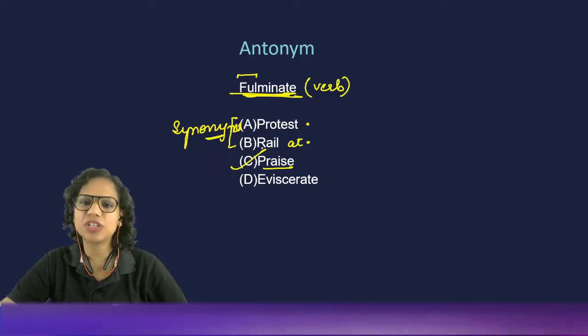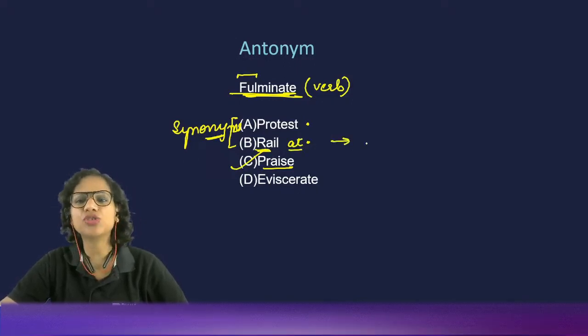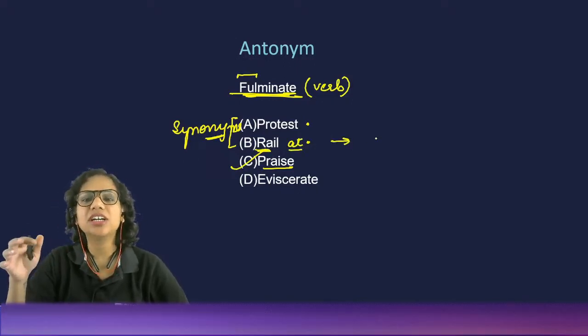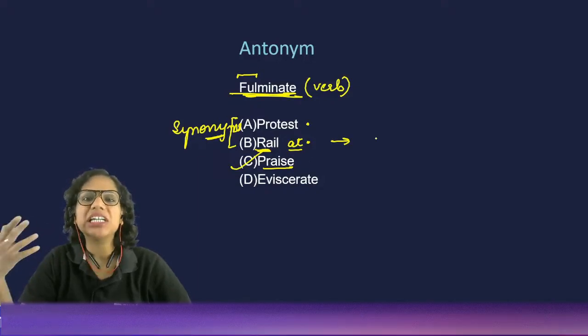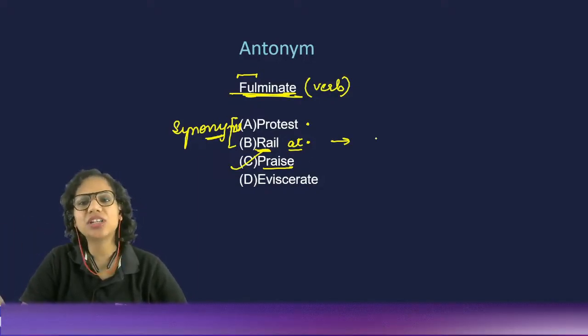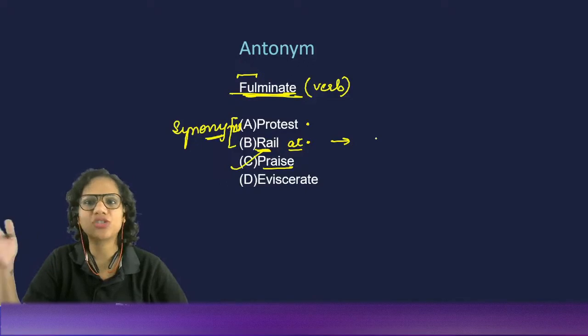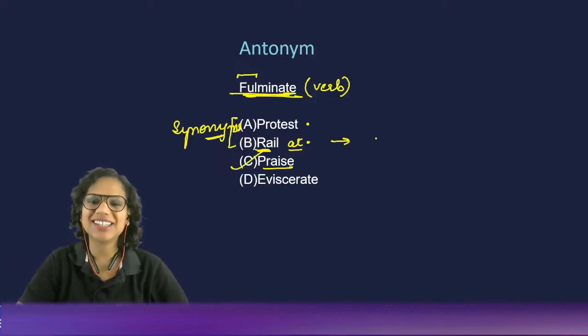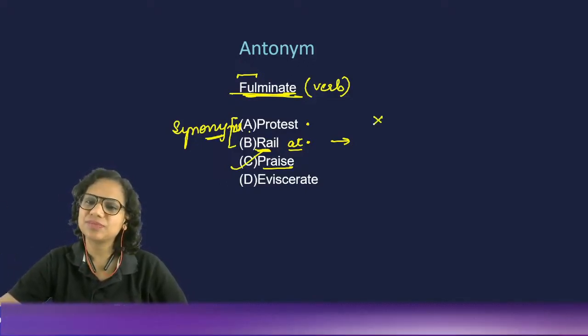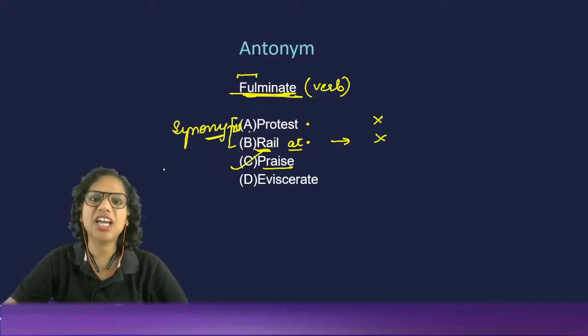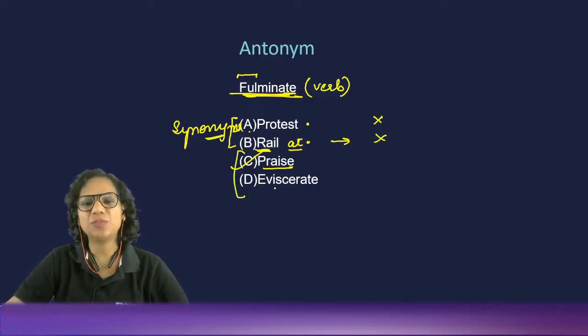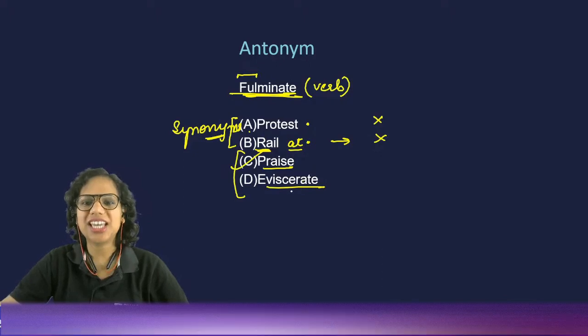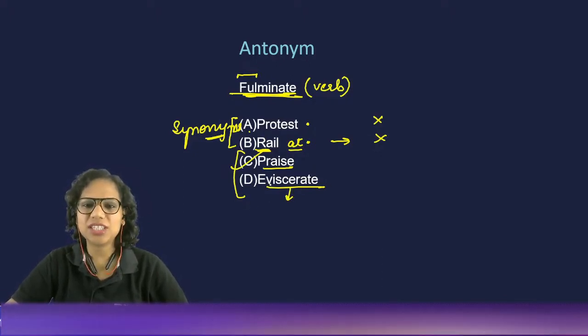At is the preposition that we usually use after rail, but it also means that you are protesting vehemently against something. So she railed at the education system of the country. So protest, rail, eliminated. Now, between C and D, praise, eviscerate. Let's look at this interesting word, viscera. What is viscera?